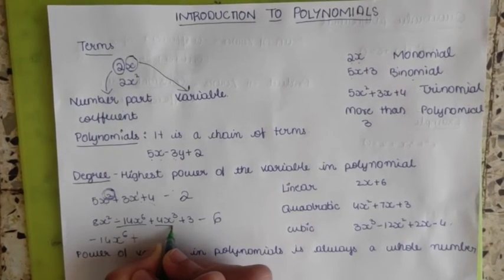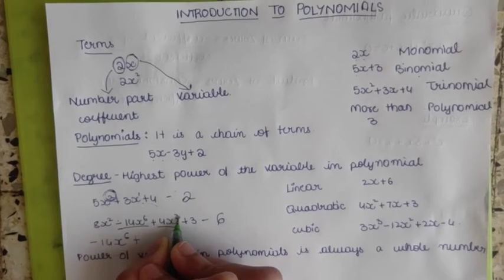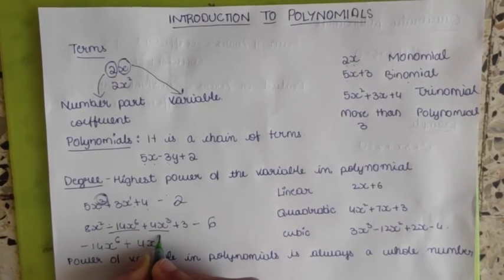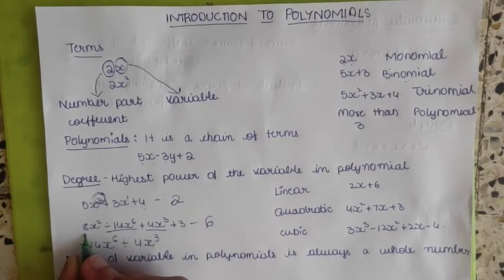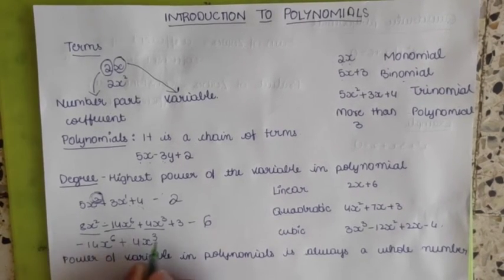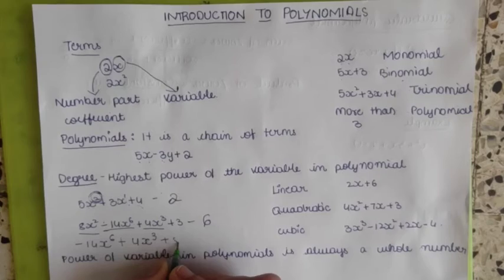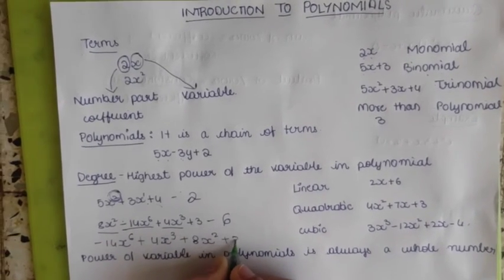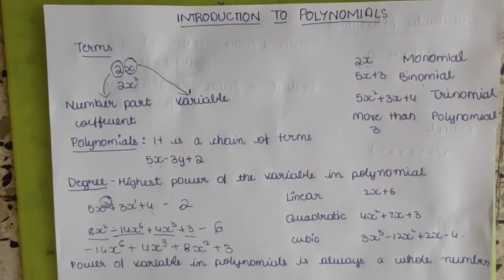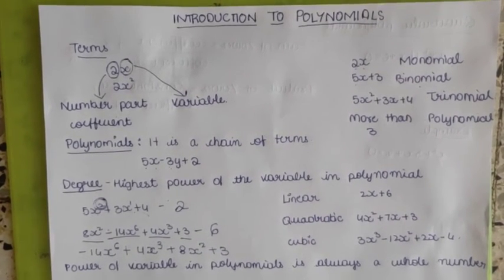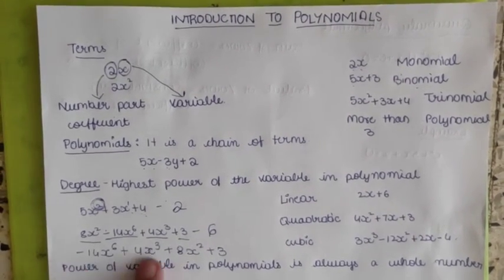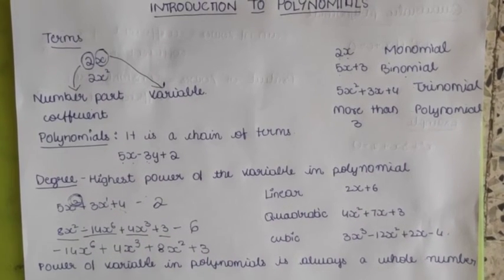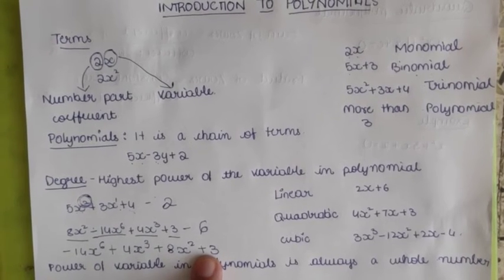You can see that 4x cube has the next highest power, so I'll write 4x^3. Next we have 8x square, so plus 8x square, and plus 3. Okay. Whenever you get terms that are not arranged, we have to arrange them.